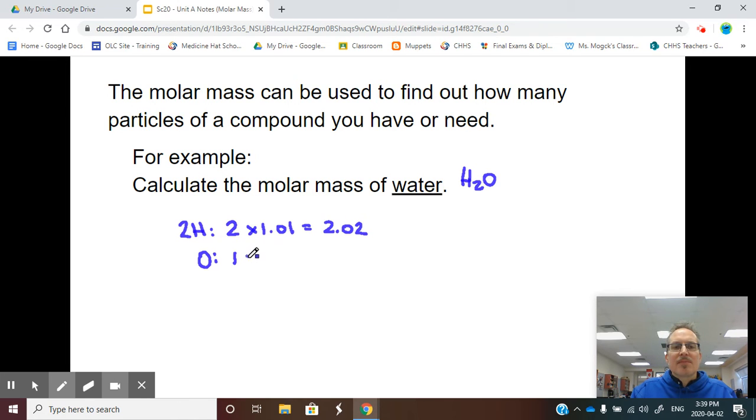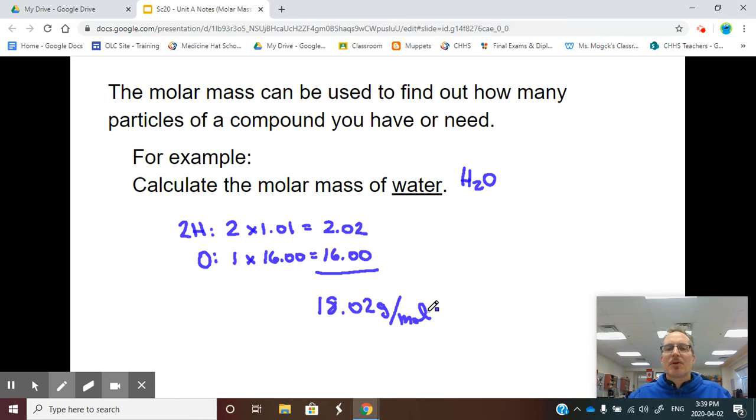For oxygen, we have 1 of them, and the mass number for oxygen is 16.00, so 1 times 16 is still 16. Then we add these two numbers up: 2.02 plus 16 is 18.02 grams per mole. And that is the unit for molar mass. That's the number we're always going to use.